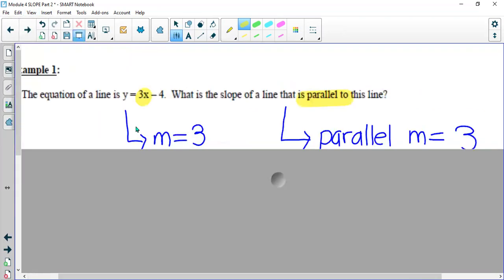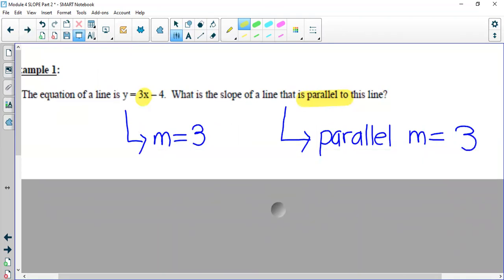What is the slope of a line that is parallel to this line? So very quickly, in y is equal to mx plus b, the slope is attached to the x variable. If the slope is 3, then a parallel line is also 3. I'm going to actually zip through the next couple of questions so you don't have to write it down. I just want to make sure that you're understanding it.